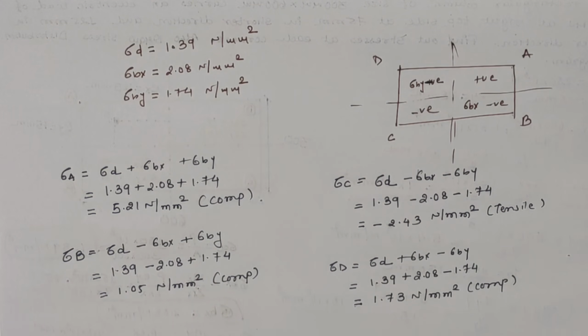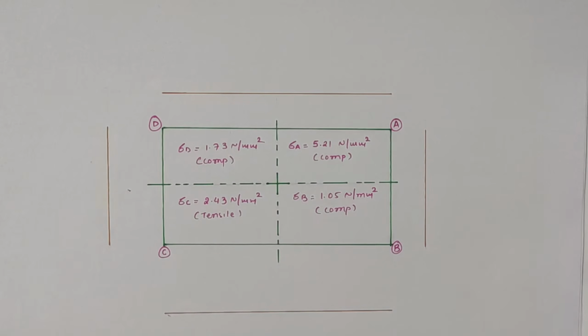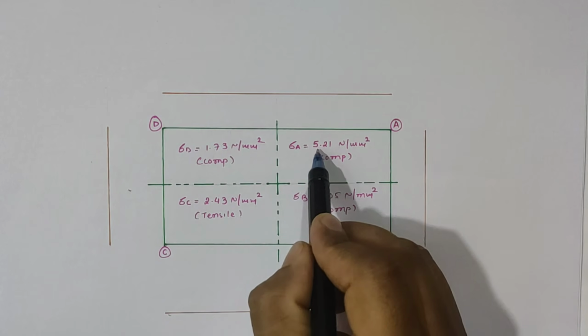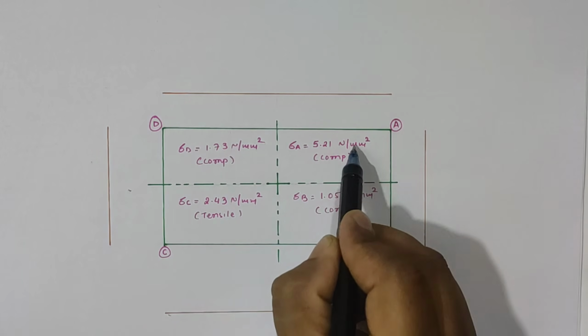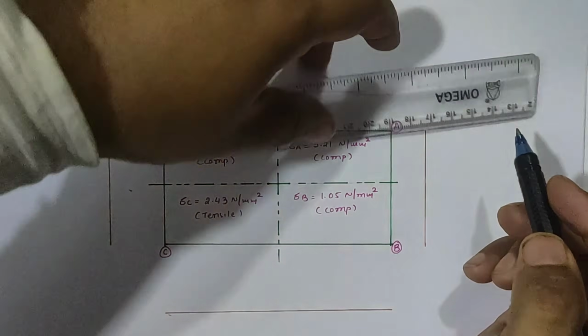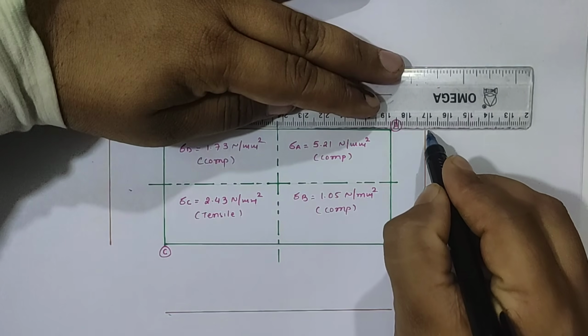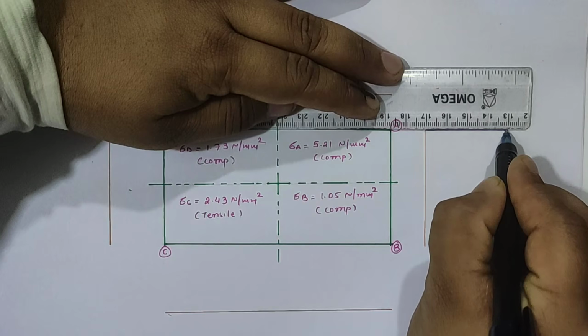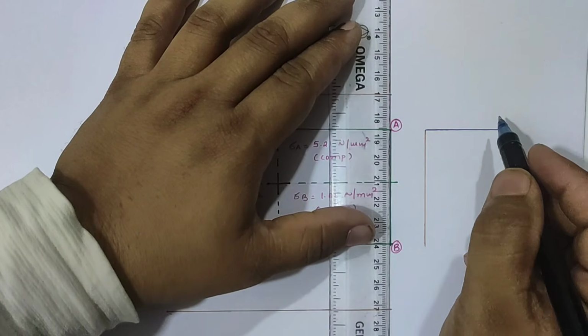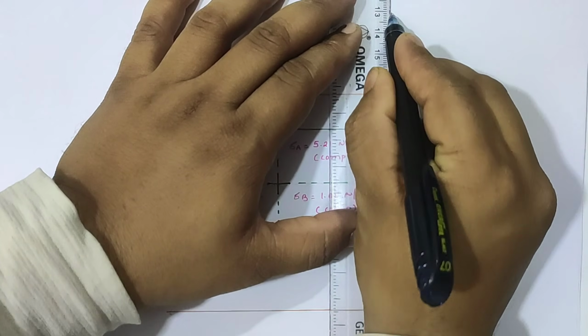Now let us go for the stress distribution diagram of the given column. From the above calculation we have the stresses as indicated in the figure, where at joint A our value is 5.21 Newton per mm square compressive, hence drawn according to, not to scale, 5.21 as indicated in the figure.